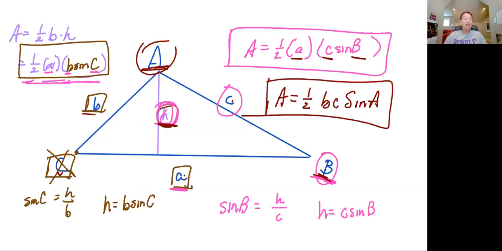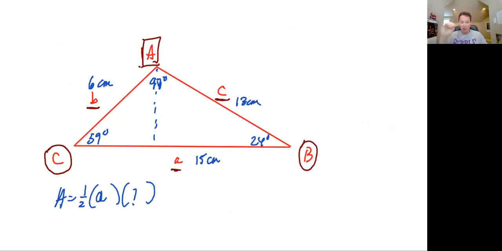So pick where you're at, pick your angle, and you have the other two sides, and then go back and let's figure out the area here. And it should be as quick as one calculation. We'll give you a few more seconds to try it.